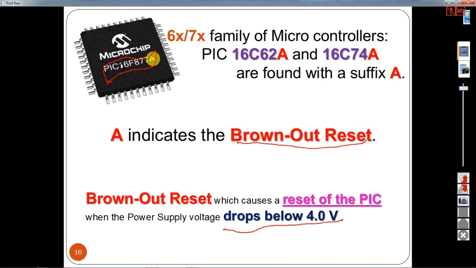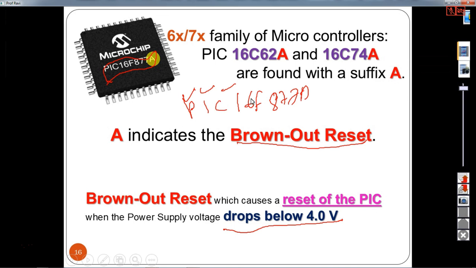What is this A? PIC 16F877A. So PIC stands for what? The PIC, the microcontroller which we are dealing with. Peripheral interface controller. 16F is the family.